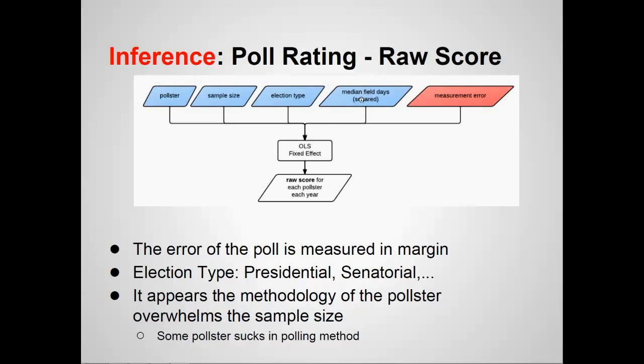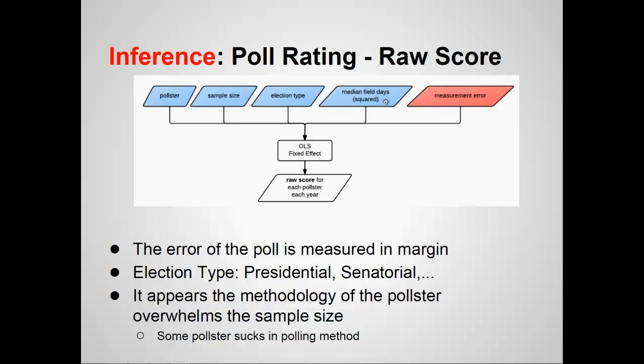On your right-hand side, you have a set of dummies for pollster, a continuous variable for sample size, a set of dummies for election type, like whether it's a senate race, presidential race, or a house race, and which state you are in. Are you in Illinois, or in Arizona, or in California?